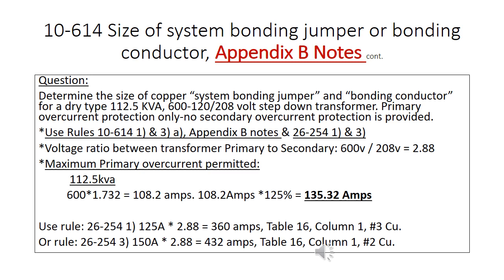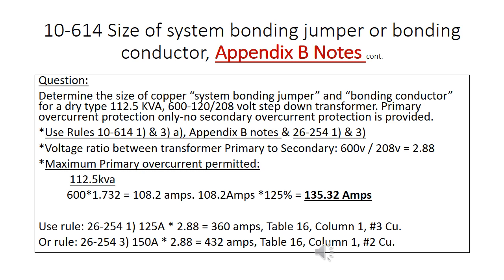First step, the voltage ratio between the primary transformer to secondary is 600 volts divided by 208 volts equals 2.88. So we want to determine the maximum primary overcurrent protection permitted. In this case, we take the 112.5 kVA divided by 600 times root 3 equals 108.2 amps.